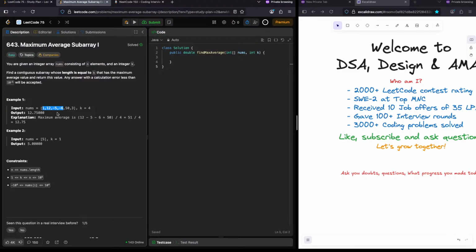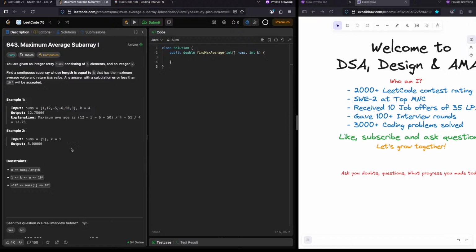But sliding window comes into the picture when the constraint is 10 raised to power 5. That's the third thing that I'll explain. But what it means is, you have picked these four elements. Now, how can you optimally slide this? You'll just get rid of this one and then add 50. That means you have slid your window by one. So that reduces your time complexity.